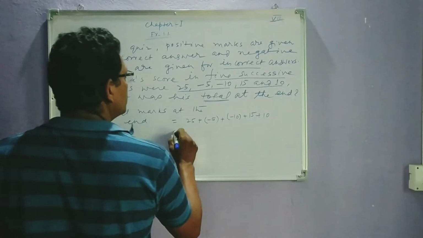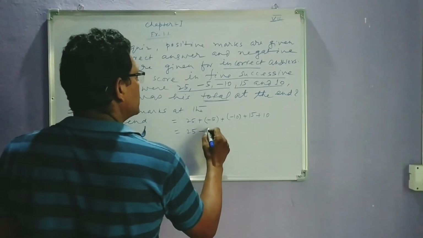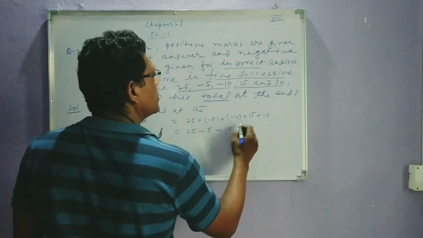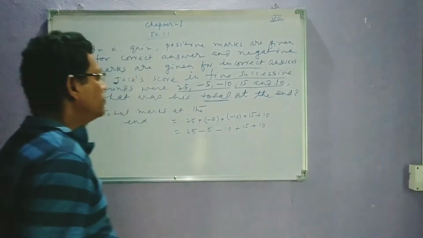Now solve it. 25 plus into minus, minus 5, plus into minus, minus 10, then plus 15 plus 10.